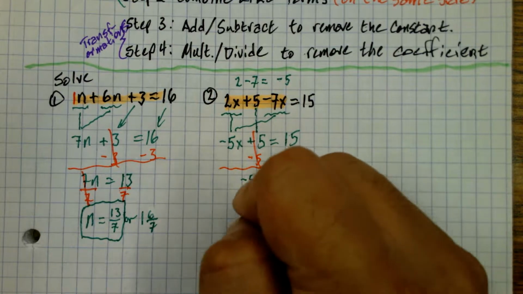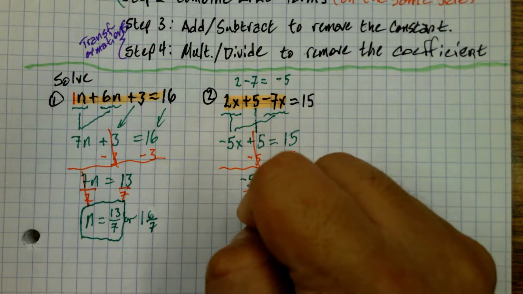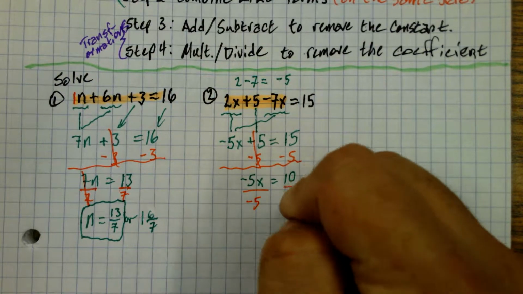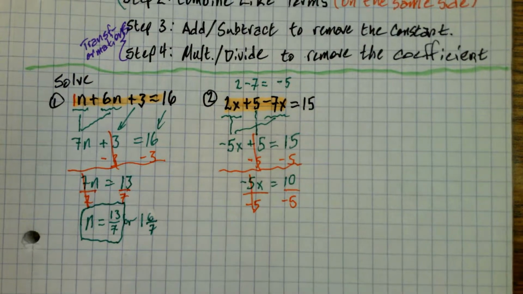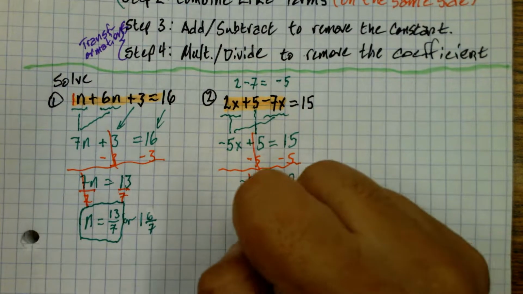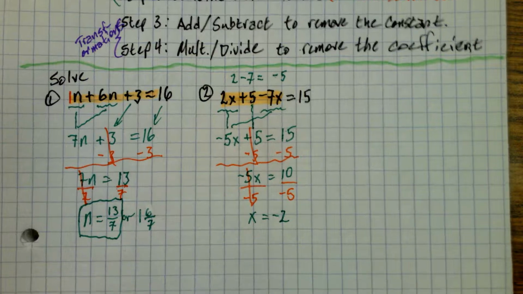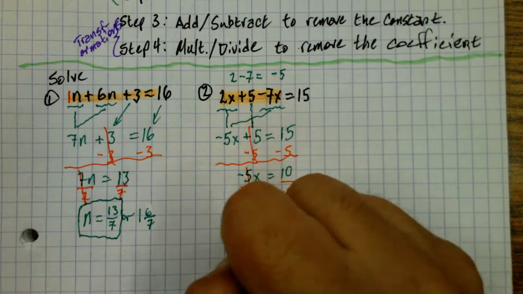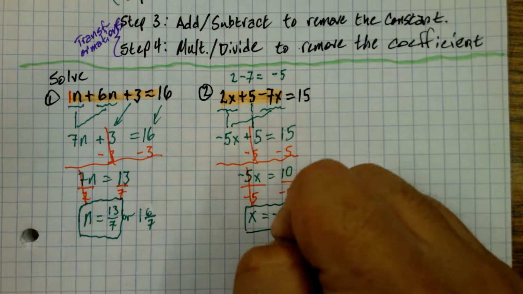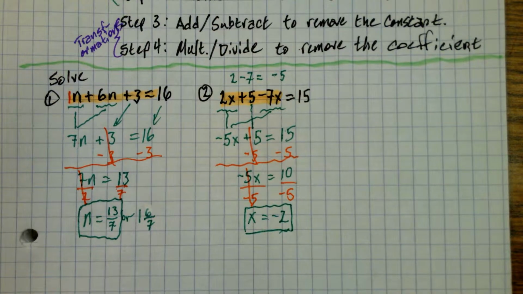And I'm going to divide by negative 5. And we all know a positive divided by a negative is a negative. So I get a negative 2. Okay.